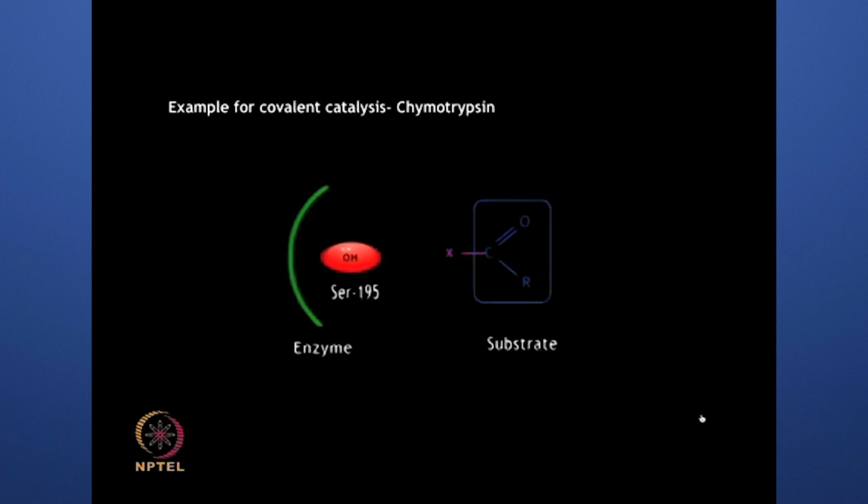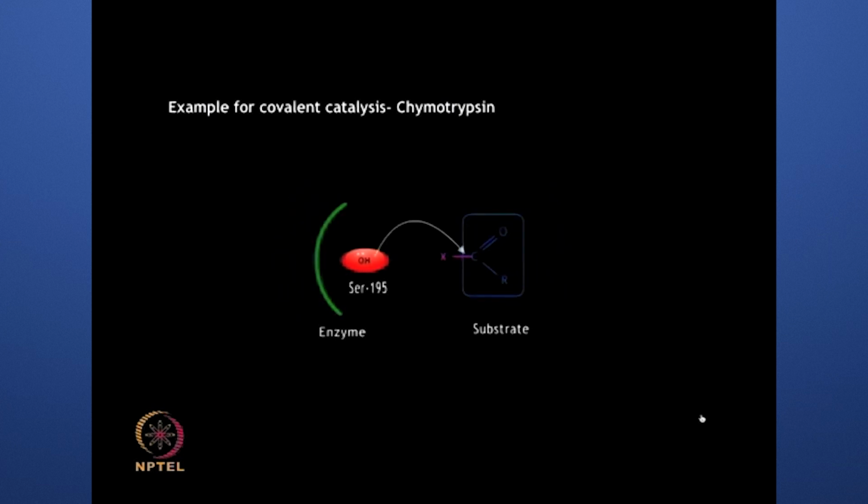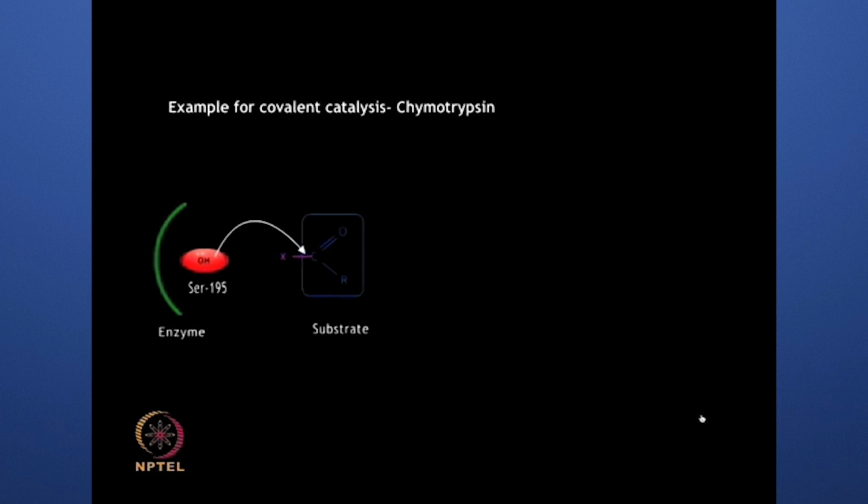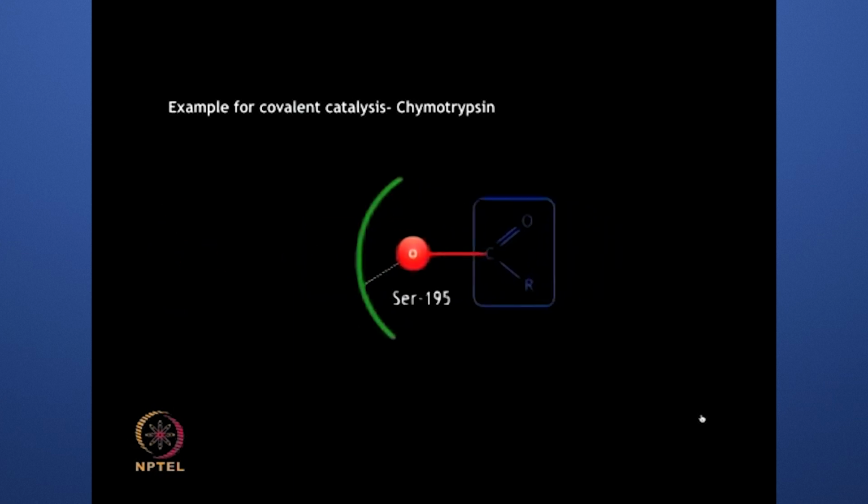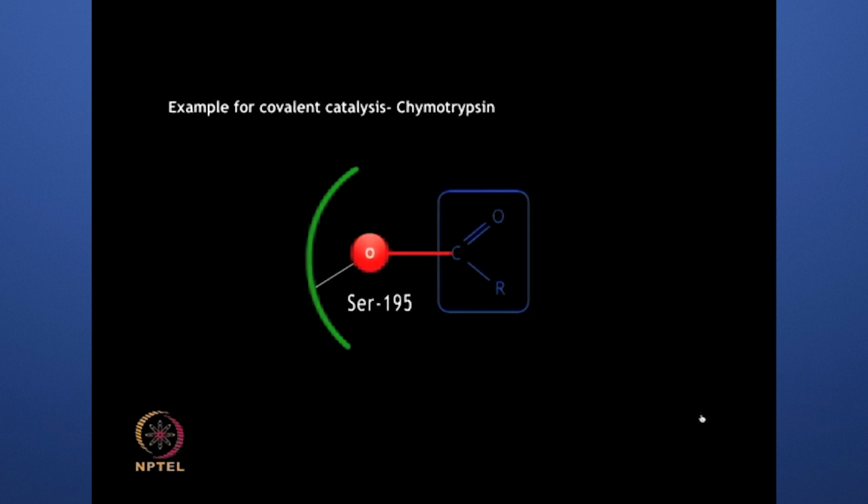Chymotrypsin is one such enzyme that carries out catalysis by covalent modification. It possesses a catalytic triad of histidine, aspartic acid and serine at its active site, with the serine at position 195 serving as a highly powerful nucleophile.